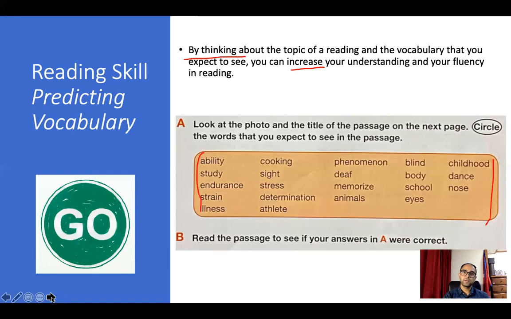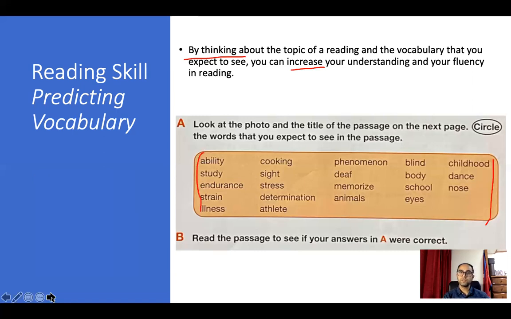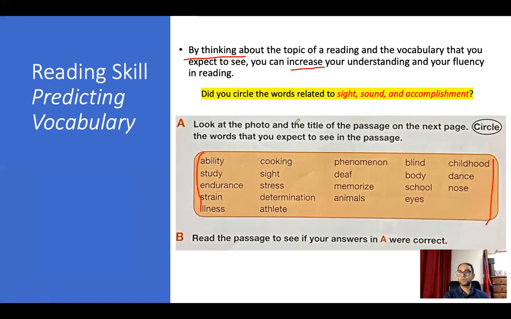Let's continue. The first thing you have to pay attention to is, did you circle the words related to sight? In other words, related to looking at, seeing, sound, hearing, and accomplishments, successes. If you did that, maybe you got the right answers. So the words that might come are ability, that is related to accomplishment.